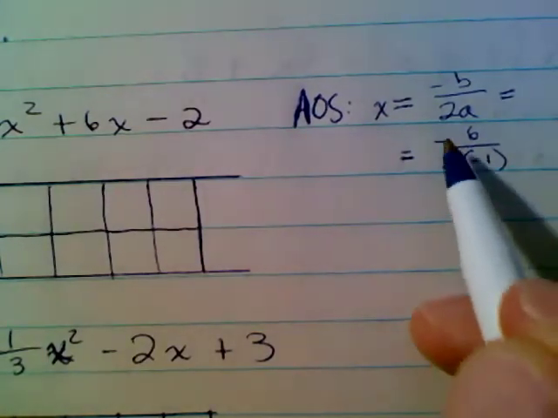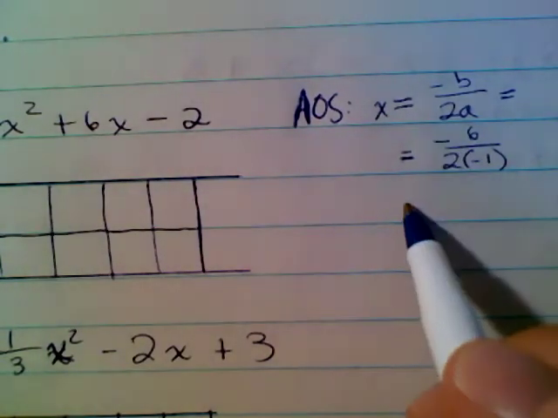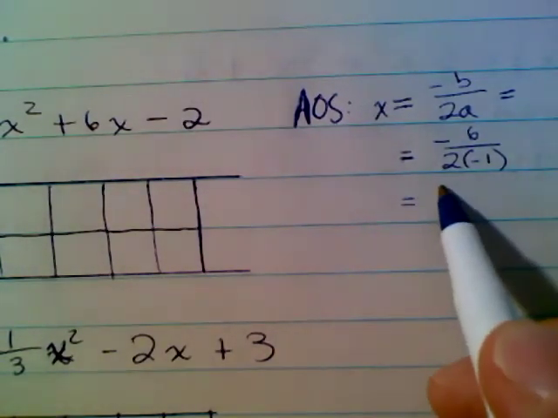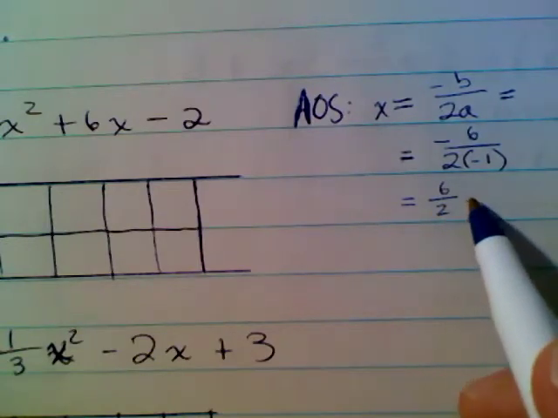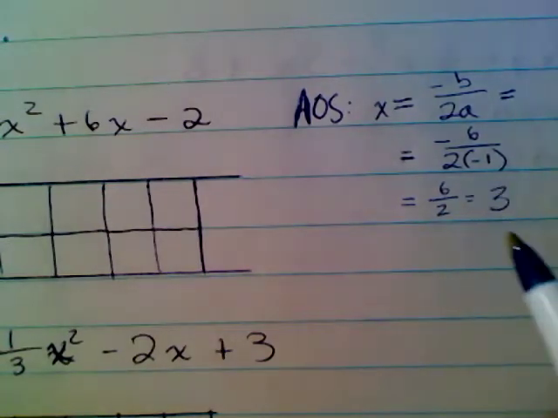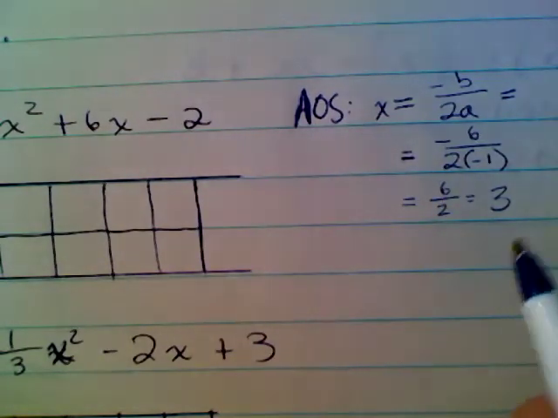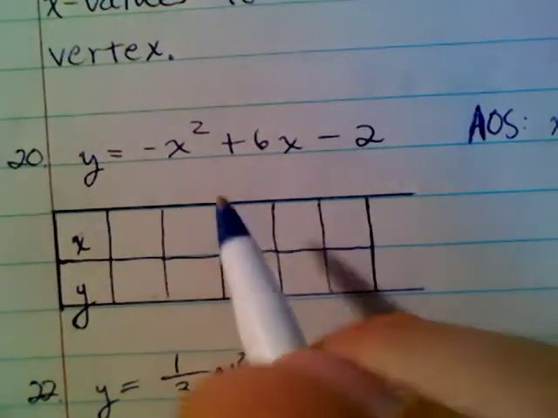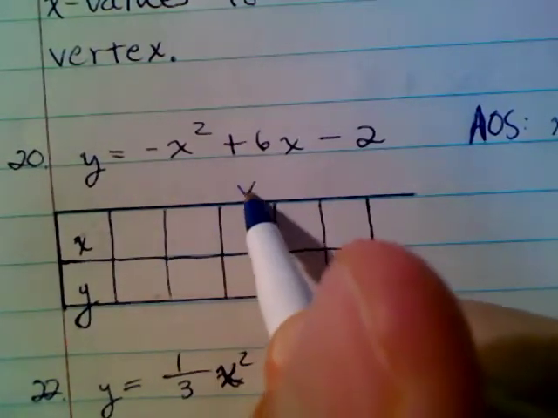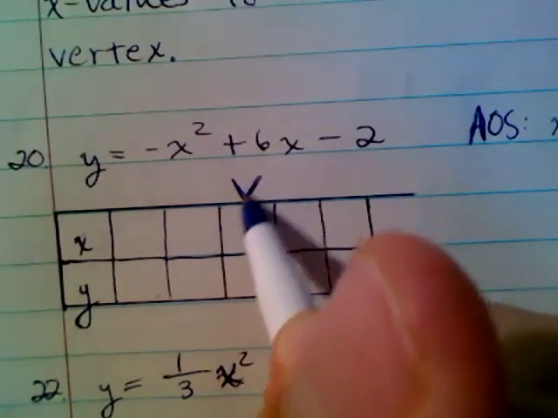I have two negatives in the fraction. That's going to make it positive 6 over 2. Positive 6 over 2 is 3. x equals 3 is our axis of symmetry. So therefore, right here in the middle is where I'm going to put my vertex.